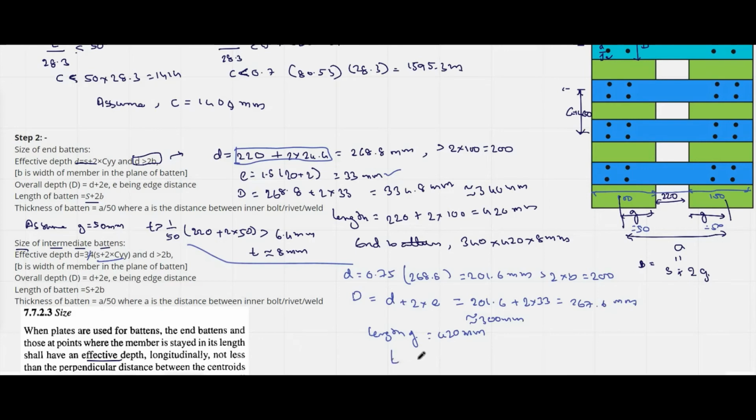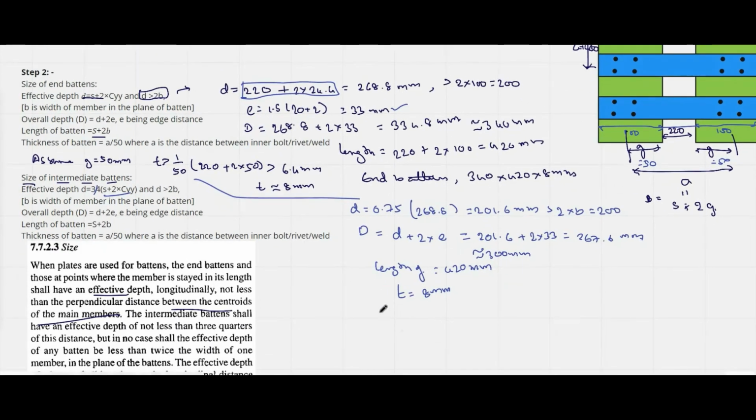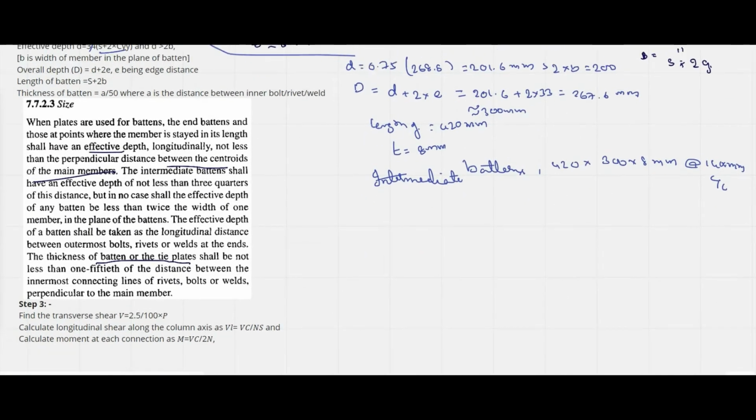Therefore, the thickness of the batten can also be 8 mm. So for intermediate battens, the size can be selected as 420 by 300 by 8 mm, at 1400 mm center to center. The spacing was 1400 mm center to center.